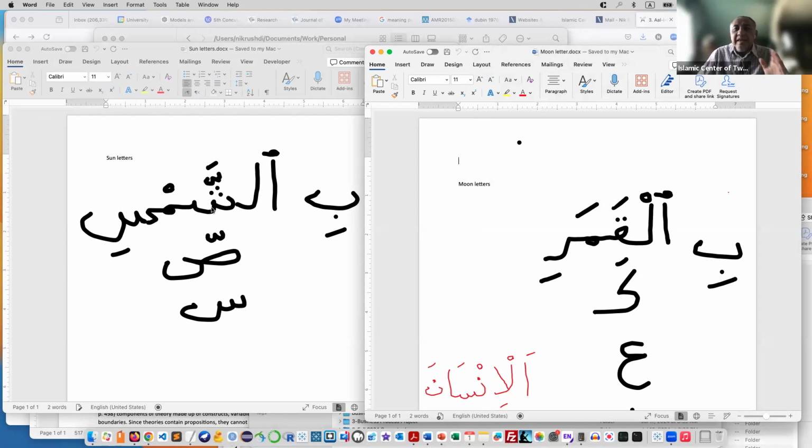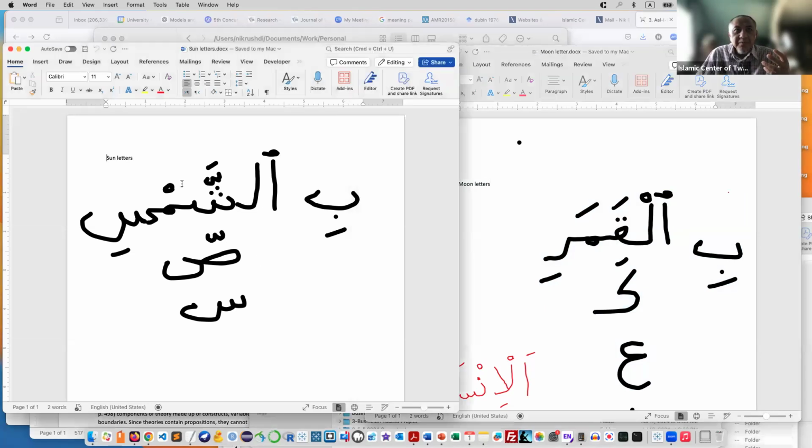And these names are named that way because this one, for example, the moon letter here, al-qamar means moon. The word qamar means moon. And it so happens that qaf, the letter qaf here, is a moon letter, right? And so you pronounce the lam sukun before.